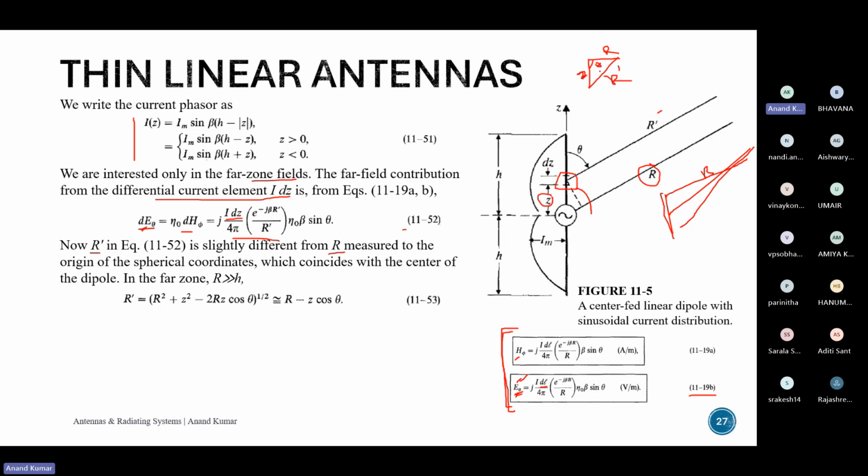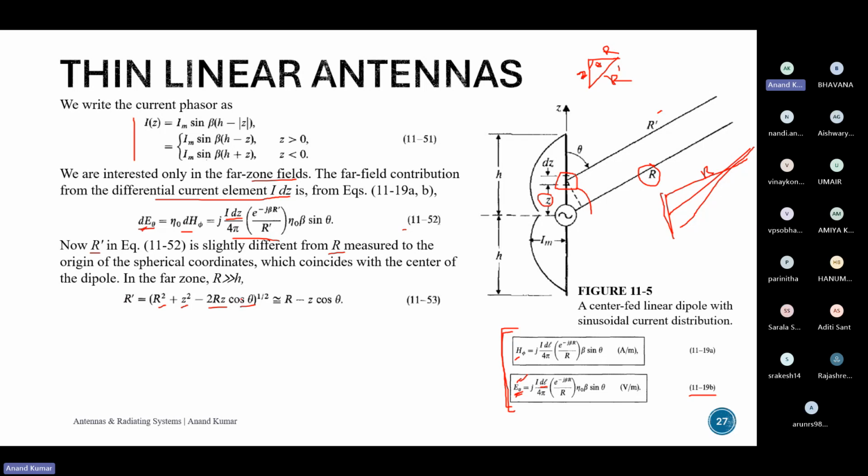Now, if we have to find R' in terms of R, theta, and z, we end up with the root of R squared plus z squared minus 2Rz cos theta. So this is the expression for the unknown side of a triangle if we know the angle and the lengths of the adjacent arms.